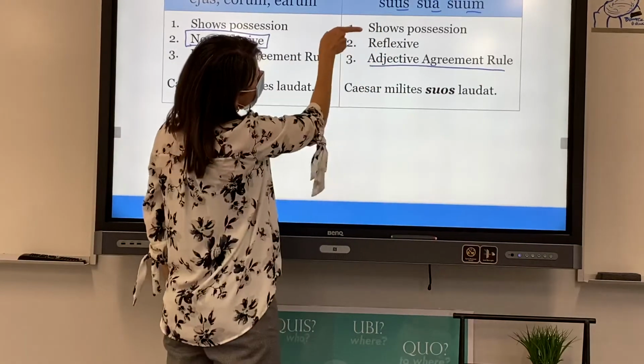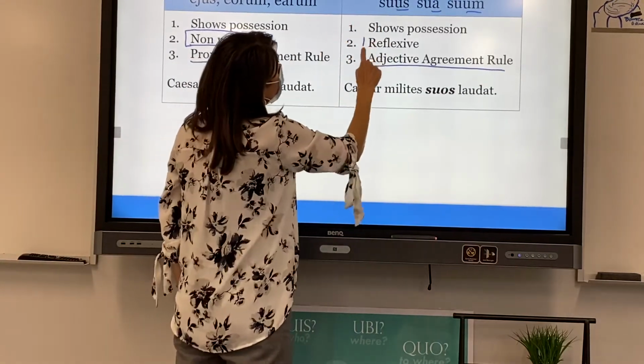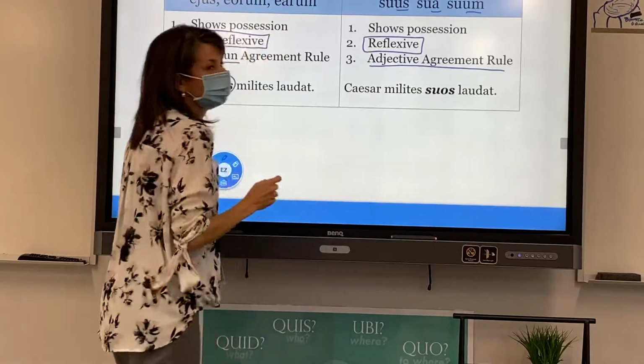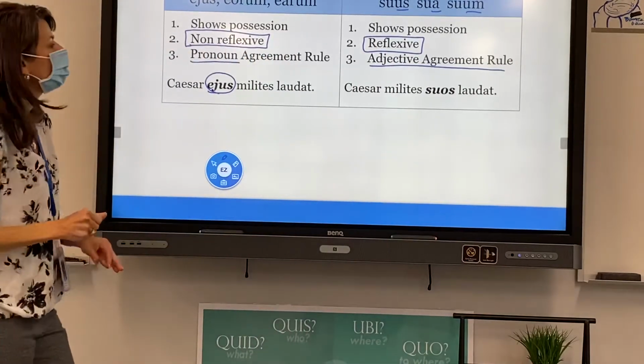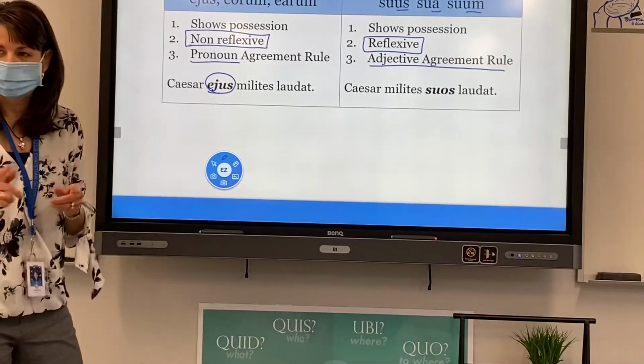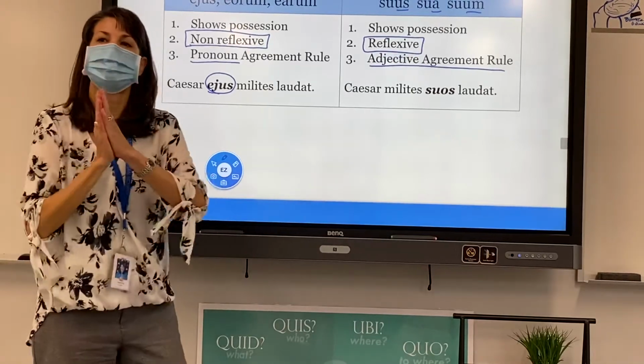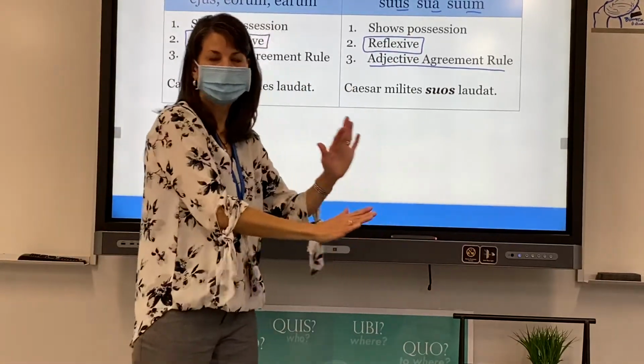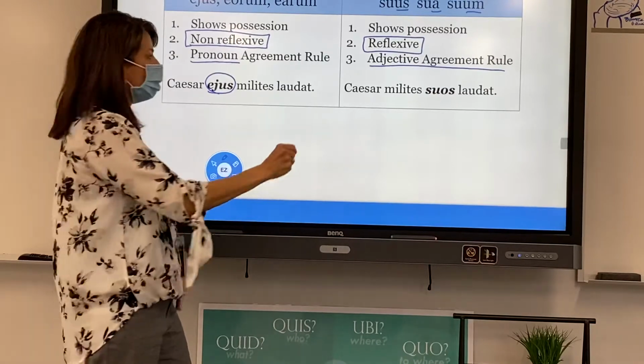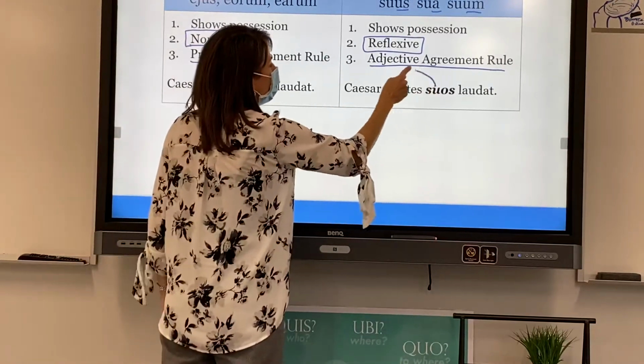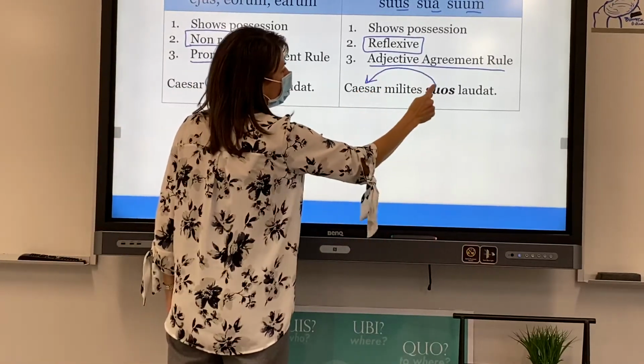It shows possession just like the other one. But now this one is what they call reflexive. Reflexive means that it's in the predicate part of the sentence, but it reflects back to the subject.